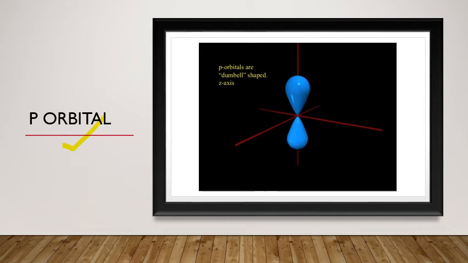So it's a dumbbell shape along the different axes. This is the p orbital shape on the z axis. Similarly, we have the shape on the x-axis and the y-axis also. So three types of orientations are possible in the p orbital.